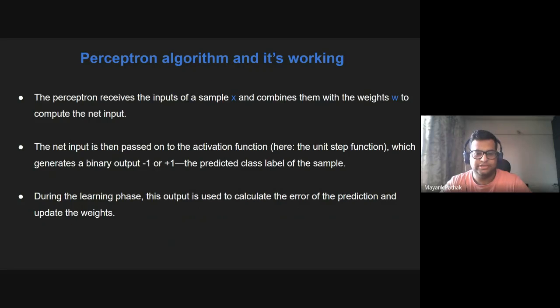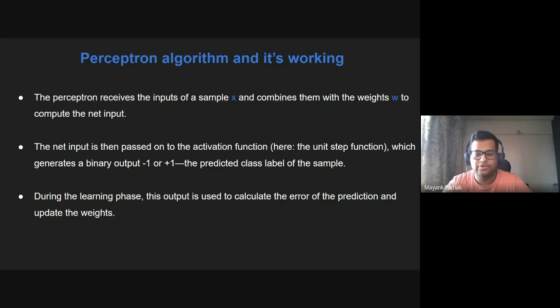So perceptrons receive the sample input, let's assume it's x, and combine it with the weights. Now these weights are randomized, so they compute the net input. That net input is passed to a function where the difference is taken between the predicted value and the computed value, and according to that, the threshold makes sure whether it's a positive or a negative value.